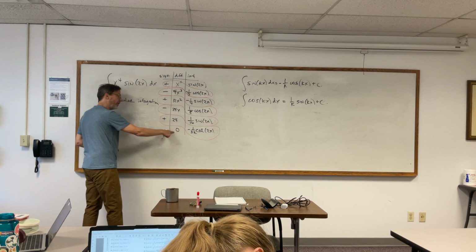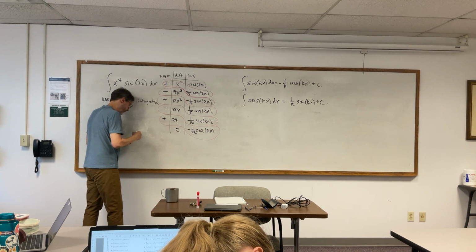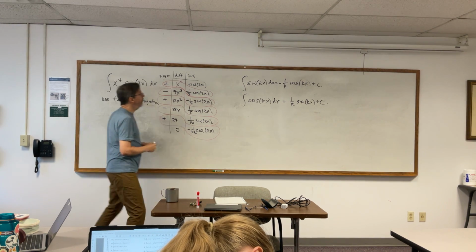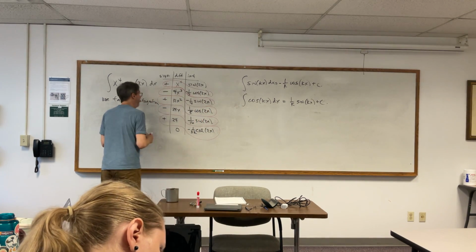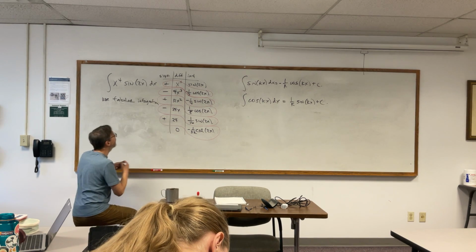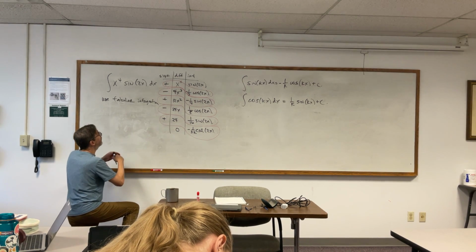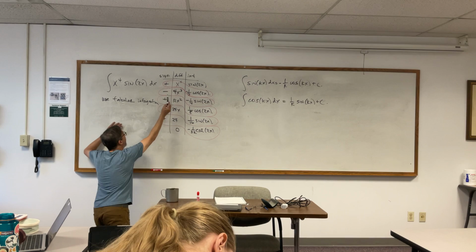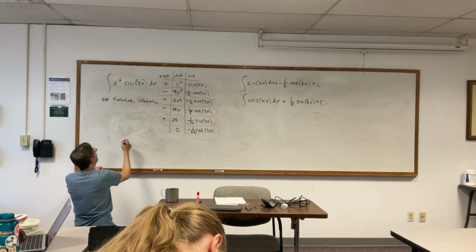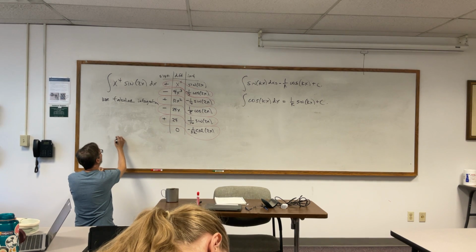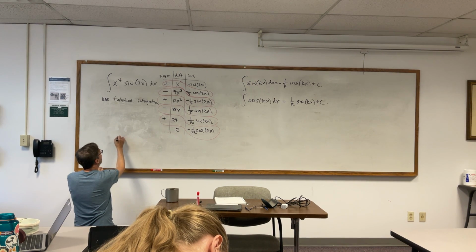You don't need to do the 0, because that'll just be 0. So then, multiply along those and add the results, and you are done. Just gotta be careful. Don't forget to incorporate the sign here and the sign there, because they're gonna change a lot, especially with the trig function.